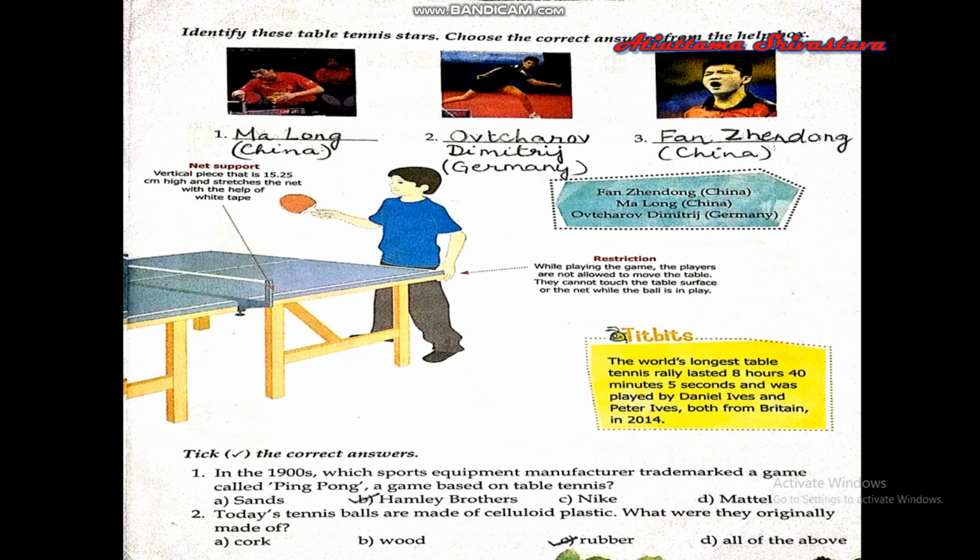That is a net support. Restriction. While playing the game, the players are not allowed to move the table. They cannot touch the table surface or the net while the ball is in play. So that is the restriction while playing the game.